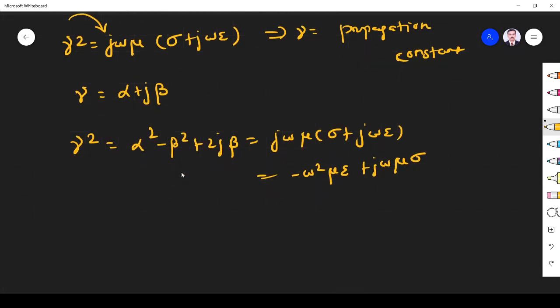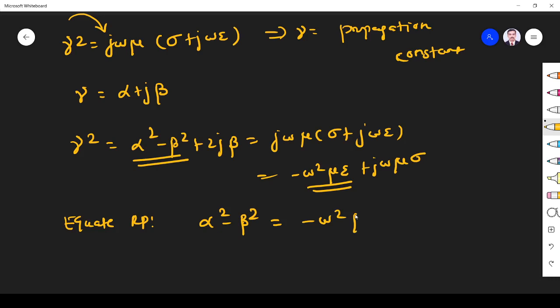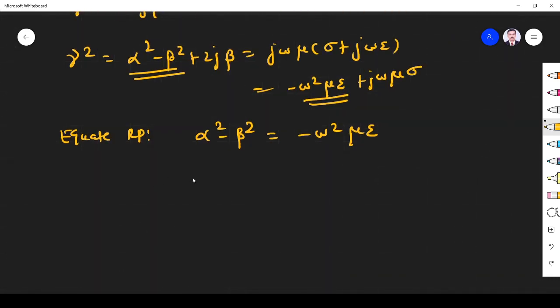Now equate the real parts on both sides. The real part on the left is alpha squared minus beta squared, and on the right it is minus omega squared mu epsilon. So beta squared minus alpha squared is equal to omega squared mu epsilon.